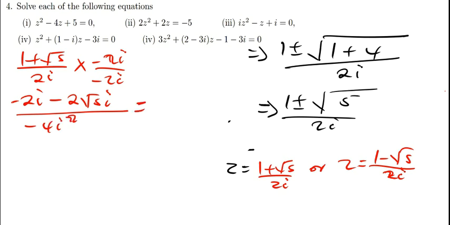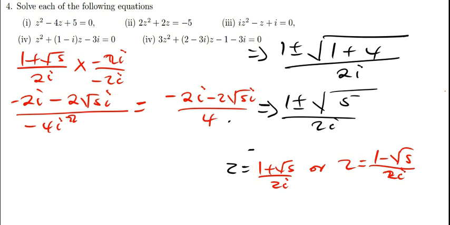So we end up having negative 2i minus 2 root 5 i divided by, this is going to be negative 4 times i squared, and i squared is negative 1. Negative 1 times negative 4, so I'll have positive 4.